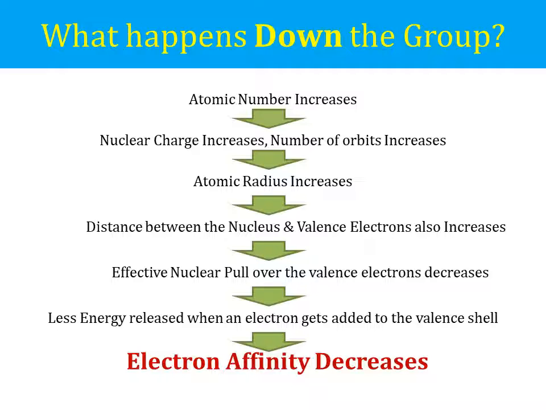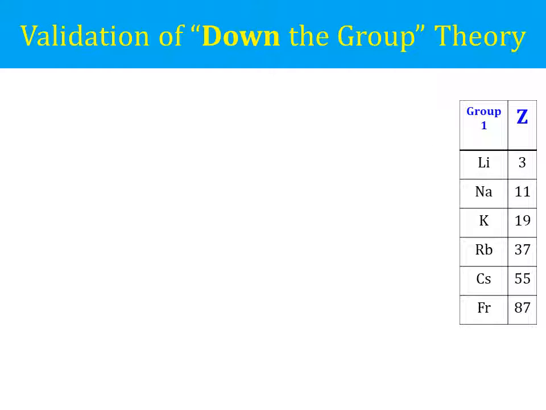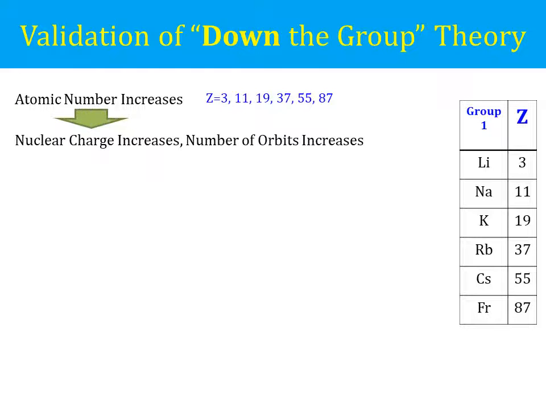So with this, we can conclude that electron affinity decreases down the group. Following the same pattern, before analyzing, we are going to validate this. You have this group here, and atomic number increases, as you can see, and nuclear charge increases and the number of orbits increases: +3, +11, +19.